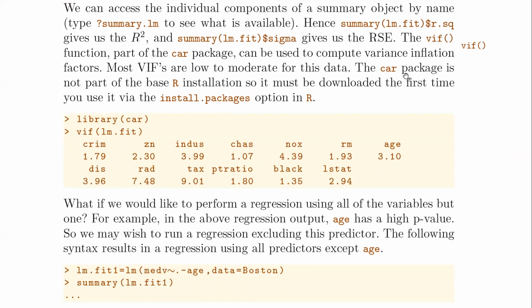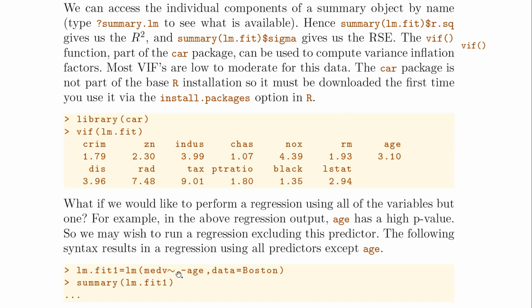Reading on, what if we would like to perform a regression using all of the variables but one? For example, in the above regression output, age has a high p-value. We already discussed that. So we may wish to run a regression excluding this predictor. The following syntax results in a regression.